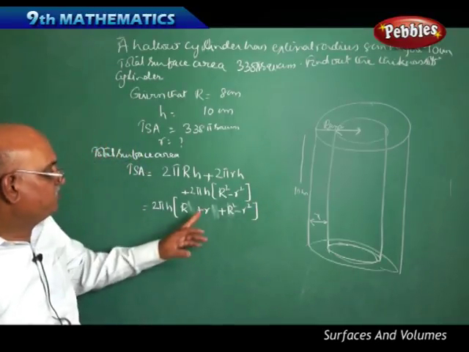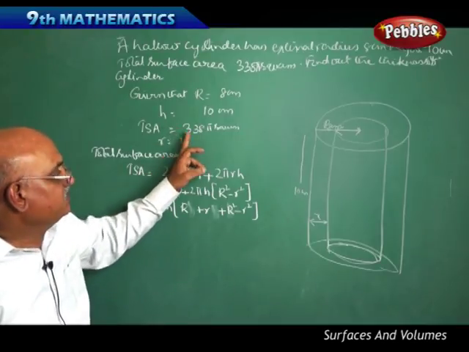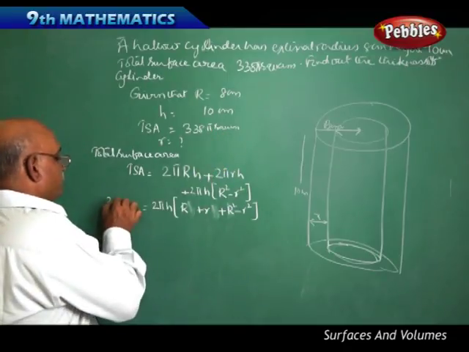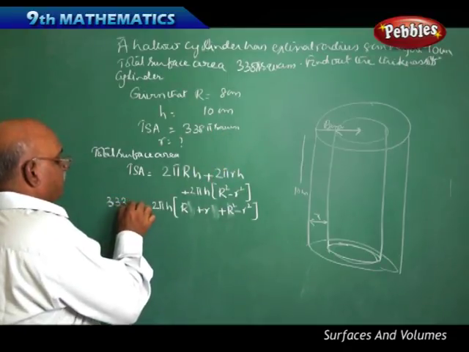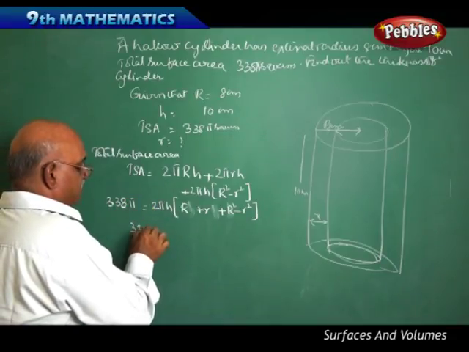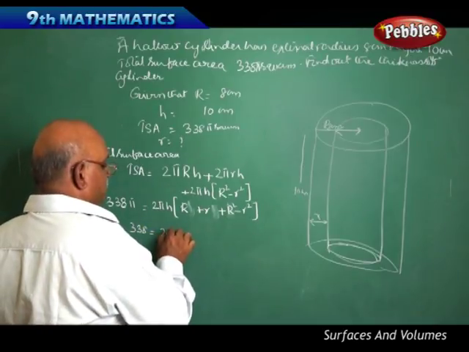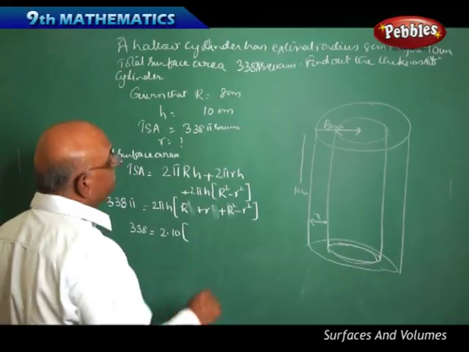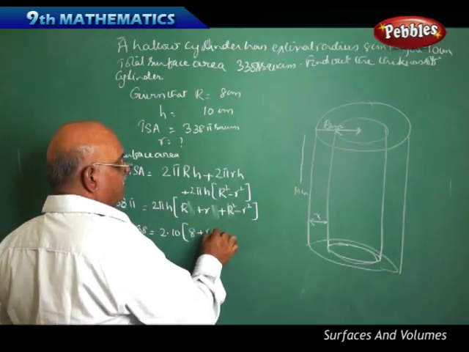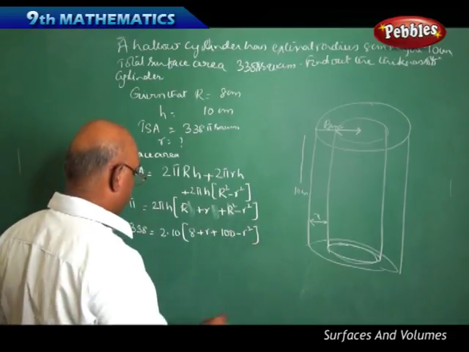But we don't know what small r is, we only know the total surface area, that is 338 pi square centimeters. Therefore this is equal to 338 pi. Therefore here you can write 338, because pi gets cancelled, and 2 into 10 into, capital R is 8, plus small r, plus 100 minus small r square.